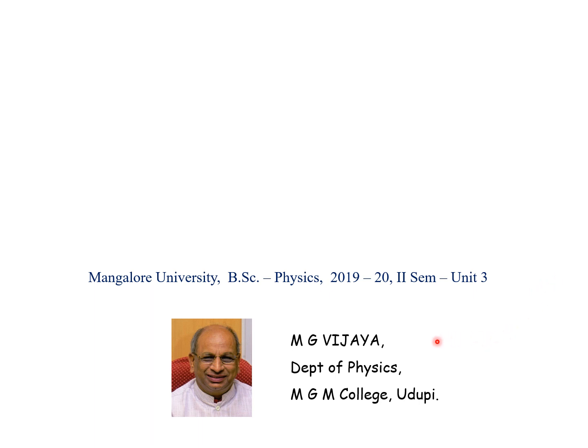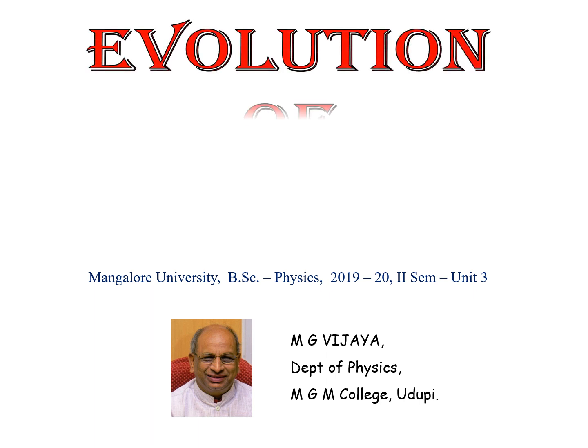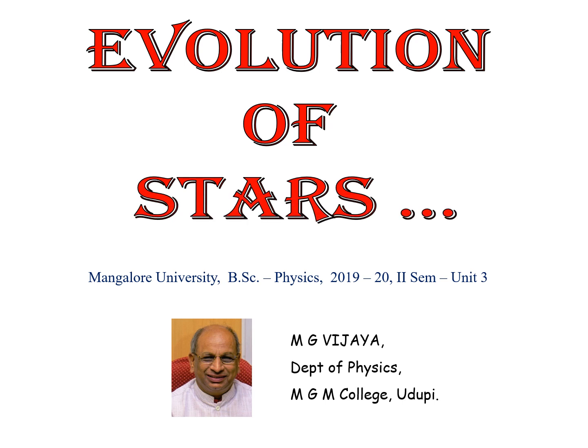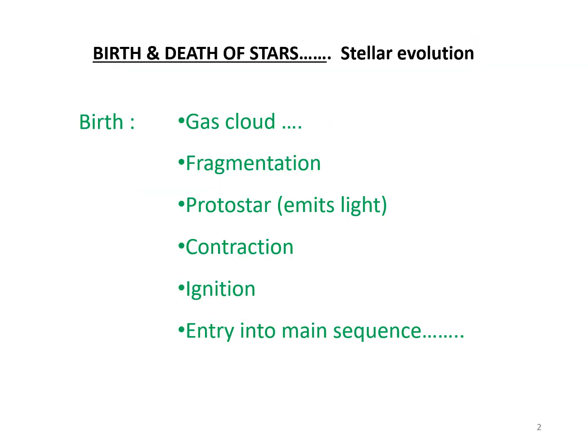Let us consider the last portion of Unit 3, that is astrophysics, in which there is a small portion which is given as the evolution of stars. In general, we make use of the word stellar evolution with reference to the birth and the death of stars.